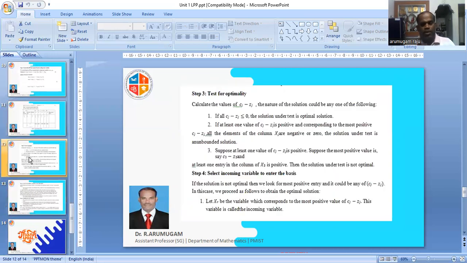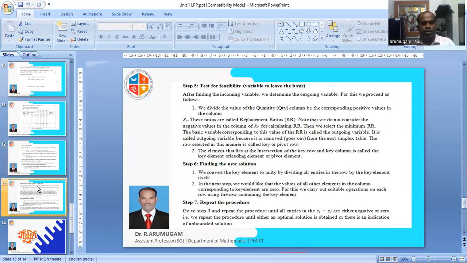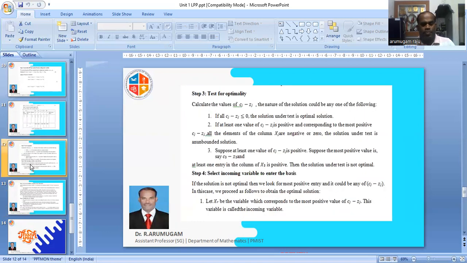So the next one is we have to test the optimality. That means Cij minus Zij is less than or equal to 0, or equal to 0, or greater than or equal to 0. So we have to test the optimality value. The next one is to select the incoming variable to enter the basis.